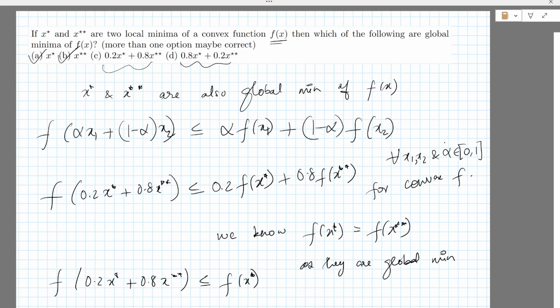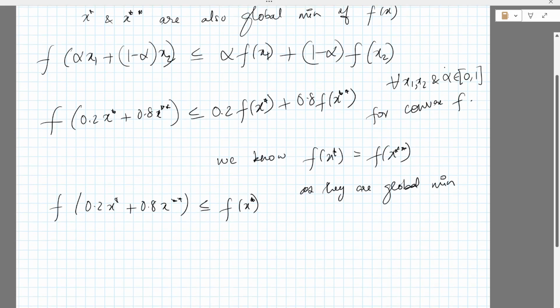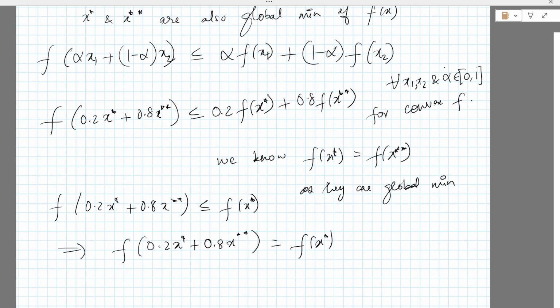So you have this, and this implies f of 0.2 x star plus 0.8 x double star is equal to f of x star, since f of x star is the global minimum value.